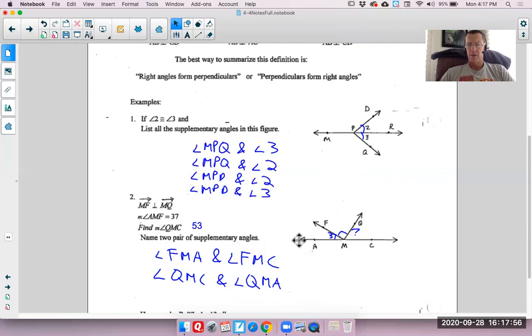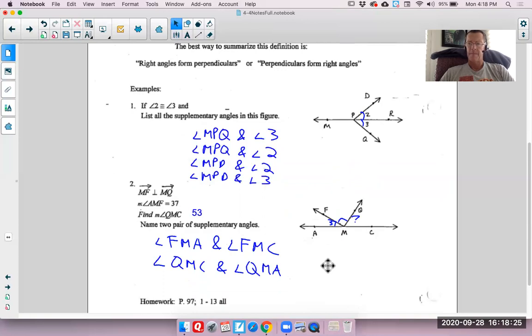I guess there are 2 ways of doing that. There's this one with this one, and this one with this one. I don't see another pair. Okay, cool. Anyway, that's it for the lesson.